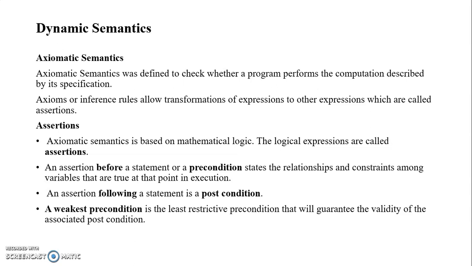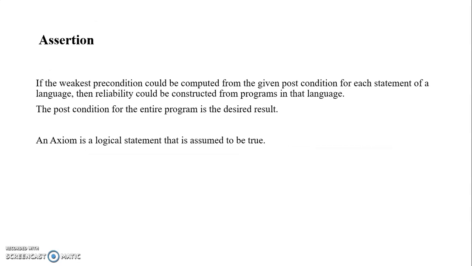Now I am going to the assertion part again and giving you an example. If the weakest precondition could be computed from the given postcondition for each statement of a language, then reliability could be constructed for programs in that language, and the postcondition for the entire program is the desired result. An axiom is a logical statement that is assumed to be true.